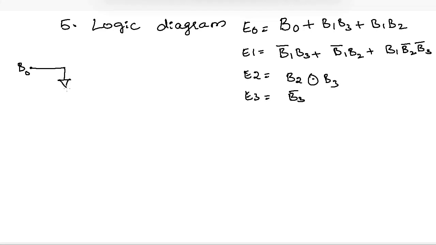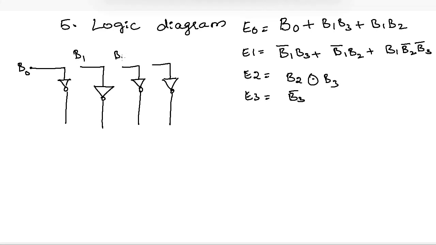Same way B1 with NOT gate. Next one B2 with NOT gate, and the last one is B3 with NOT gate. This one is B1 line, B2 line and B3 line. So it is B1 line with NOT gate, B2 line with NOT gate, and B3 line with NOT gate.